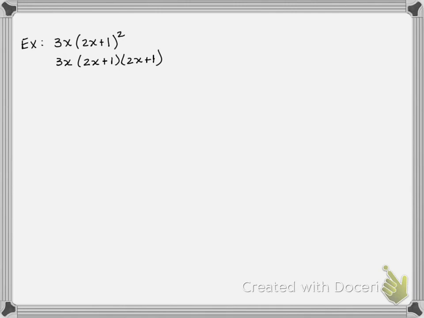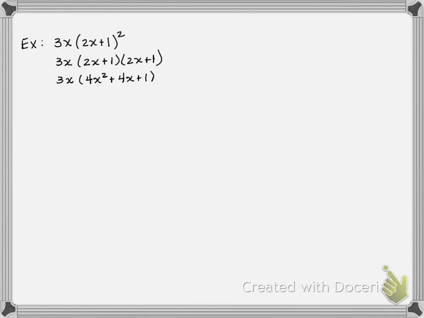Most of you did 2x plus 1 times 2x plus 1 first. We could have done 3x times 2x plus 1 first, as long as you keep your parentheses. So I believe that most of us came up with 4x squared plus 4x plus 1, not 2.